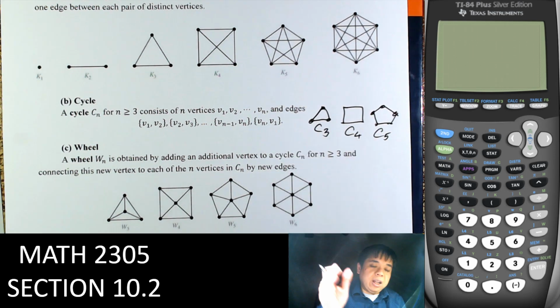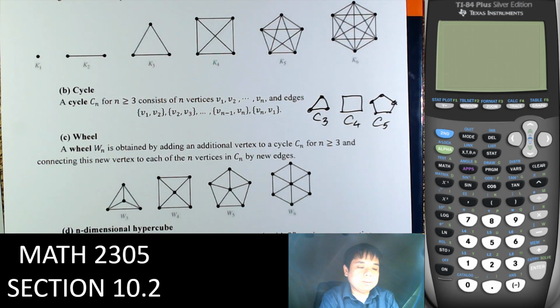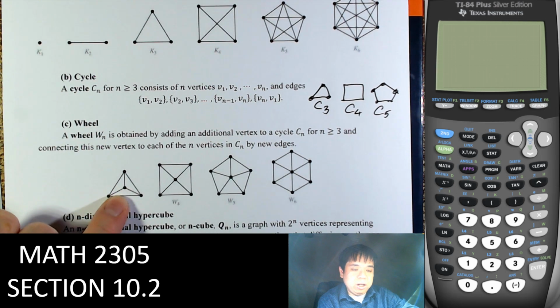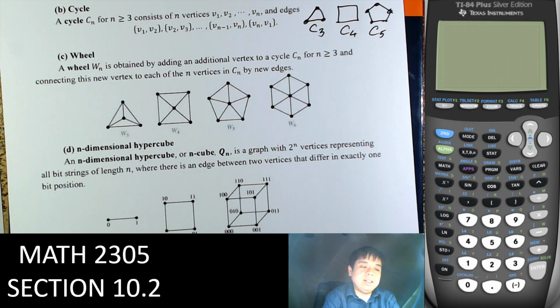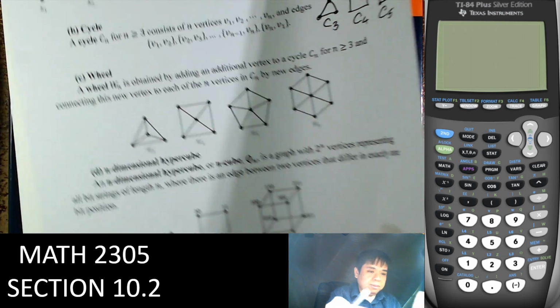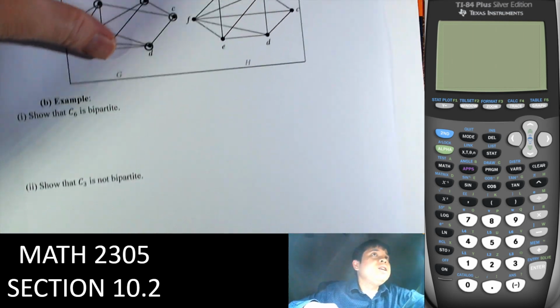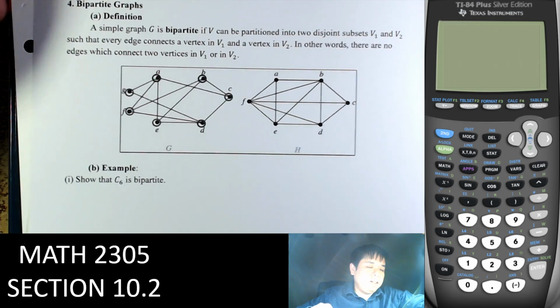C5, and so on. A wheel is pretty much a circle with a point in the center connected to everything. That's a wheel. Then the n-dimensional cube, so we have just like a cube here. Yeah, there's still a lot of introduction in this section.